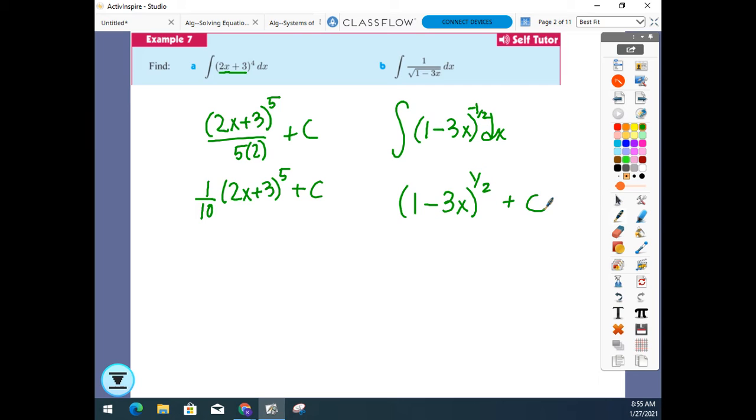Then divide by 1/2, or multiply by 2, multiply by the reciprocal. Then the derivative of the inside is negative 3. We just divide that out, and I'm just going to put it underneath the constant that's already there. This will take a little getting used to for some of you. Just be patient. We'll get there.